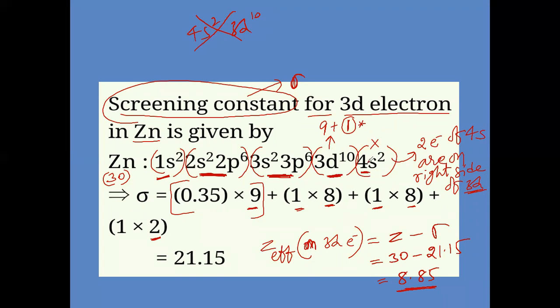So the 4th orbit is away from the 3rd orbit; after the 3rd orbit, only 4s will come. That's why these 2 electrons should not be counted. That's how to write it: 1s is the group, and 2s.